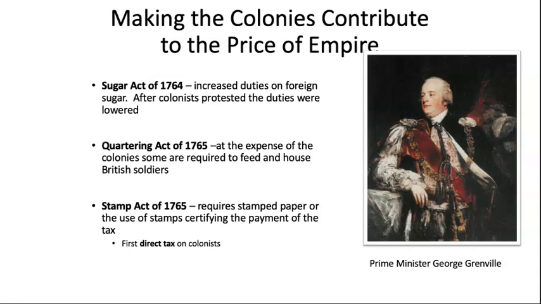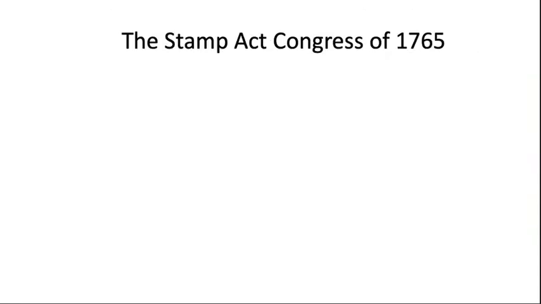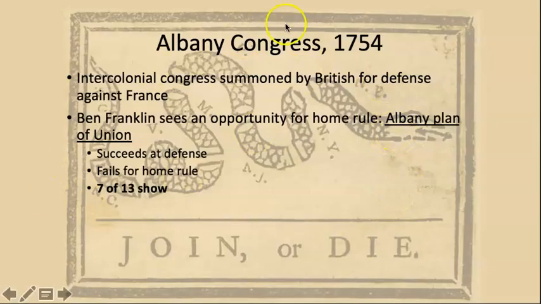Okay, so the colonists don't like the way things are going, and they call another kind of get-together. If we go back and remember the first one that is relevant to our history, the Albany Congress of 1754, colonists get together, they muster troops to fight the French, and they also want to have more home rule. 7 of 13 show up. So that's in 1754.